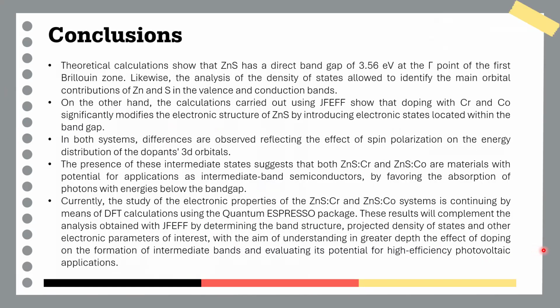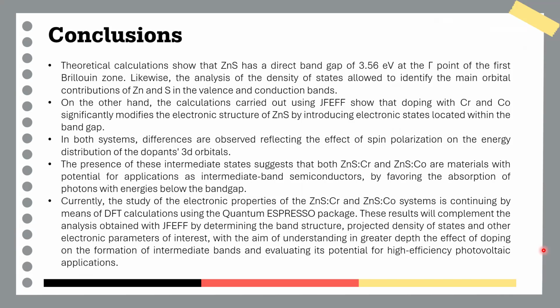As conclusions, theoretical calculations show that zinc sulfide has a direct band gap of 3.56 electron volts at the gamma point of the first Brillouin zone. Likewise, the analysis of the density of states allowed us to identify the main orbital contributions of zinc and sulfur in the valence and conduction bands.